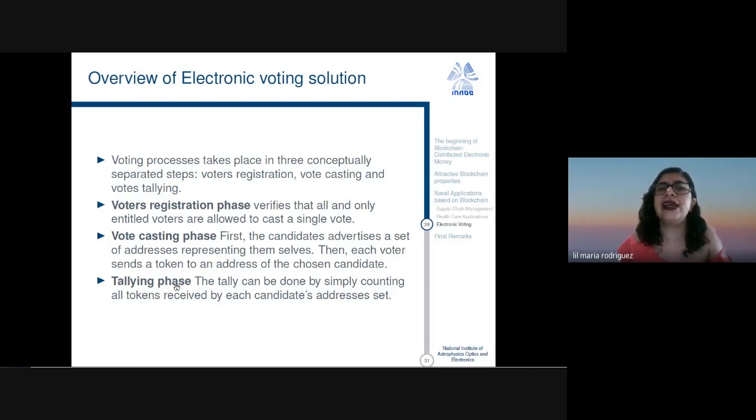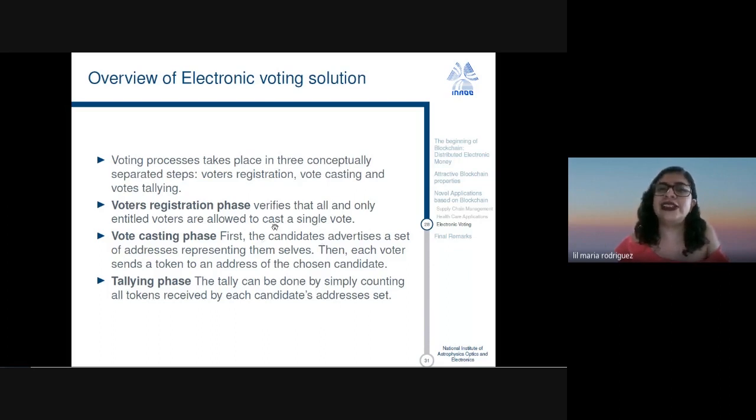That's the idea. And then you need the tailing phase, where you need to count all the tokens received in the candidate addresses.